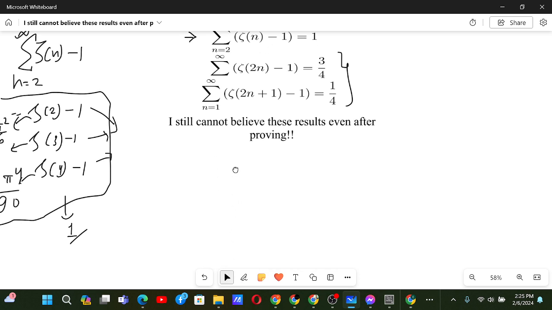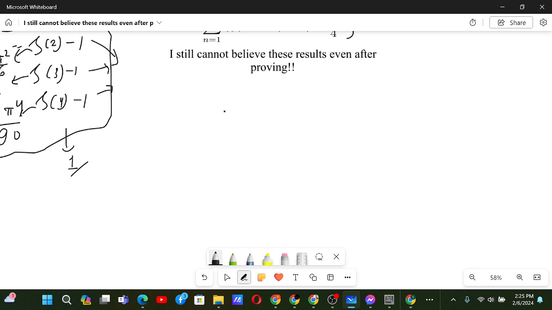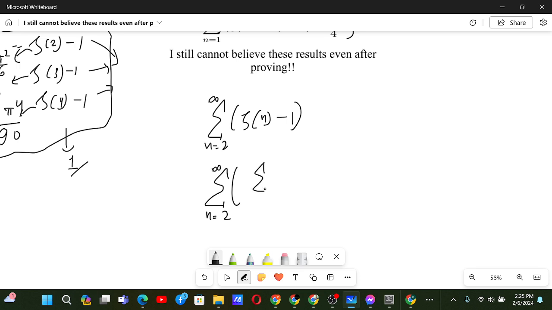Let's begin. So we have the sum from n equals 2 to infinity of Riemann zeta of n minus 1. We can break the Riemann zeta of n as the sum from, let's say, m equals 1 to infinity of 1 by m to the power n.